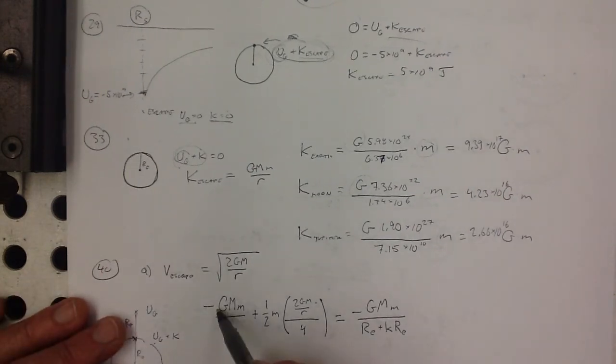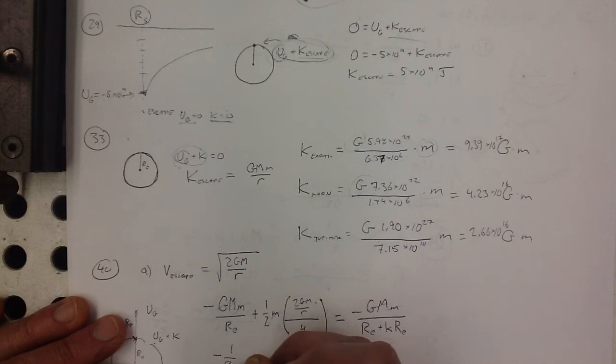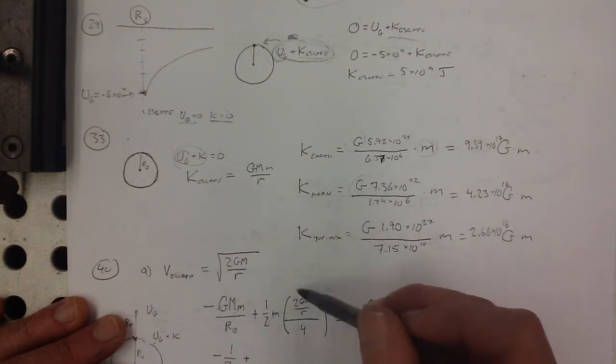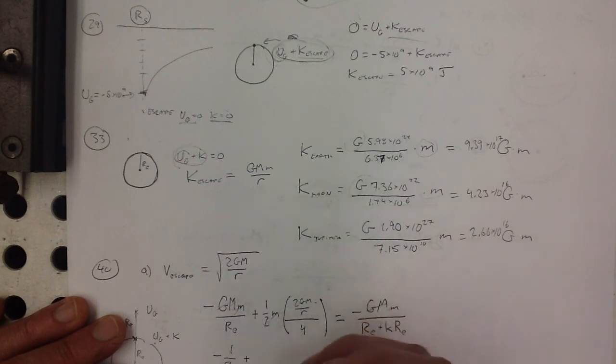The GM cancels out in all of the terms. So canceling that out, I have negative 1 over RE plus 2 over 4, that leaves me a 1/2 times 1/2, so that's 1/4 R.